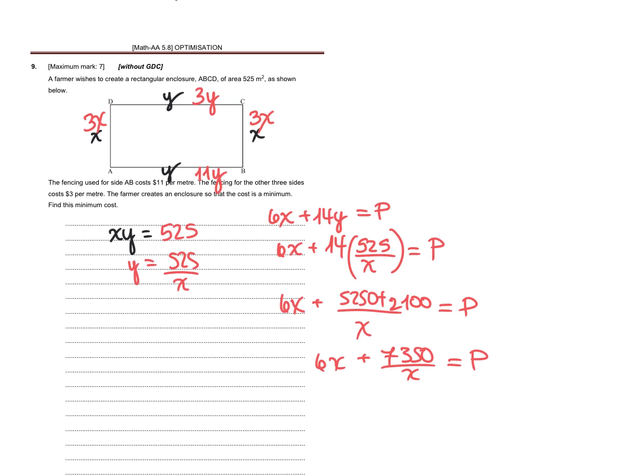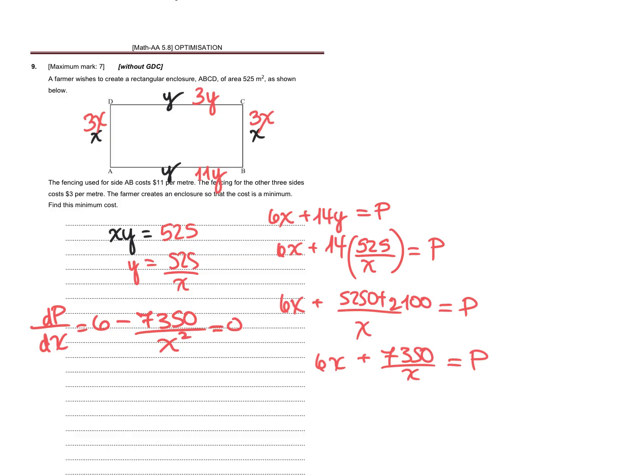So then we need to find the derivative of that. So dp dx is going to be 6 minus 7,350 x to the negative 2. All right, and we want to find when that's a minimum, so we set it equal to 0.